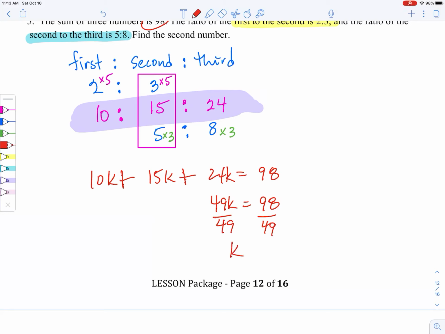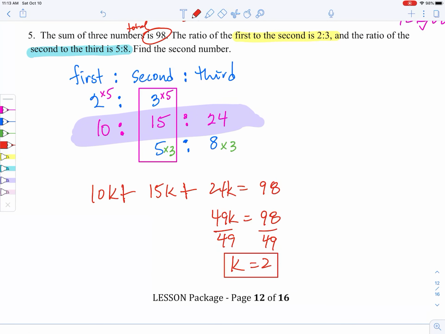And we get that our scaling factor in this question is 2. But if we want to answer what was asked, I don't need to write it out again, sorry. Find the second number.